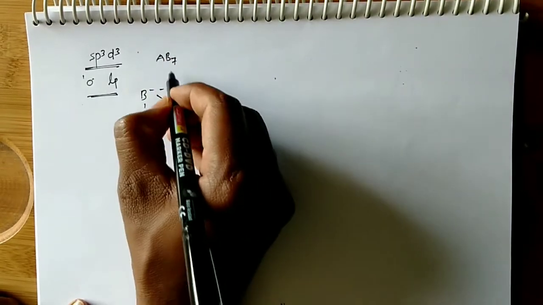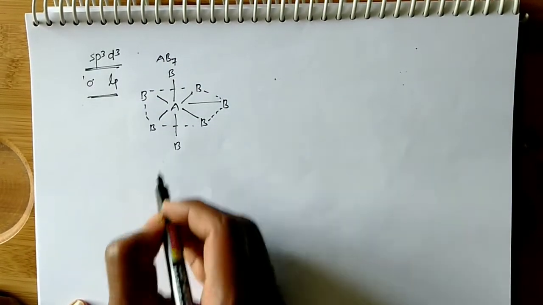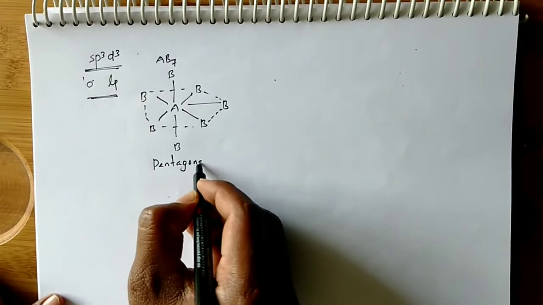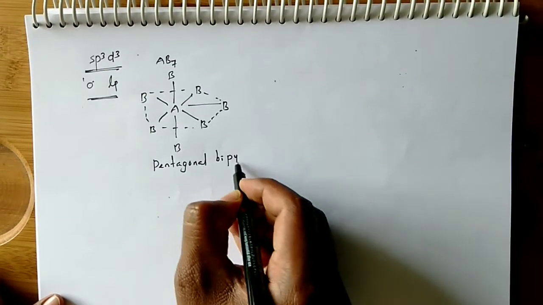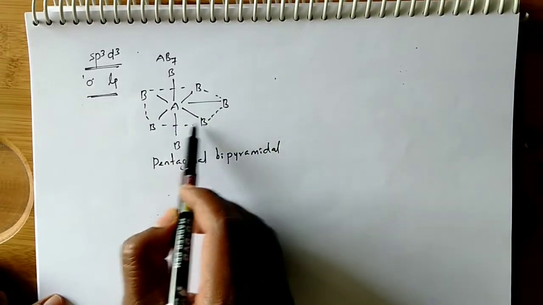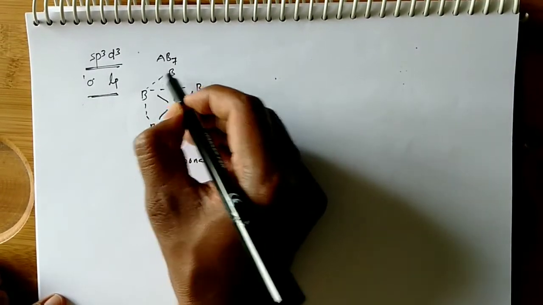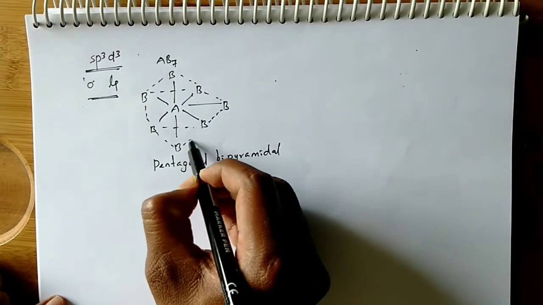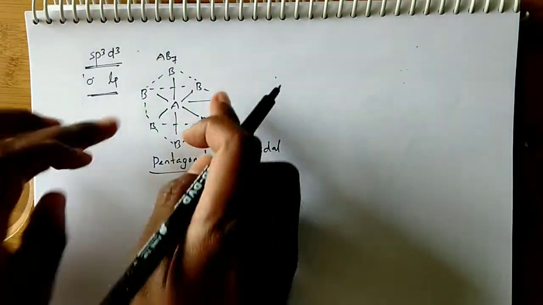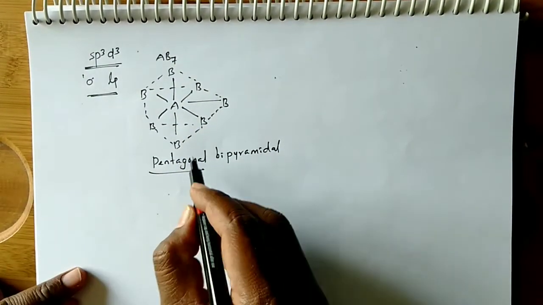So above the plane one B and below the plane one B. So the structure is pentagonal bipyramidal. This is a pentagonal structure, and it's like a pyramid. Two pyramid-like structures, one above, one below.